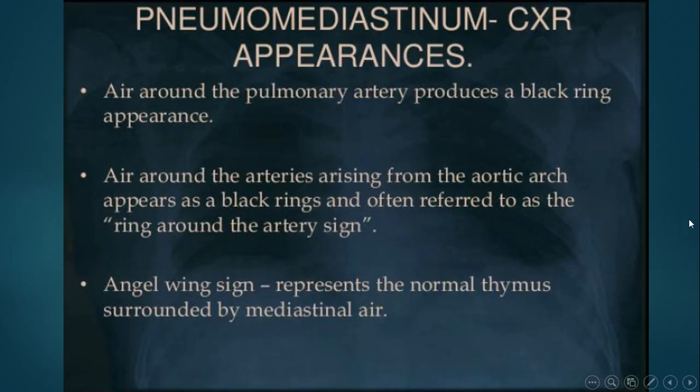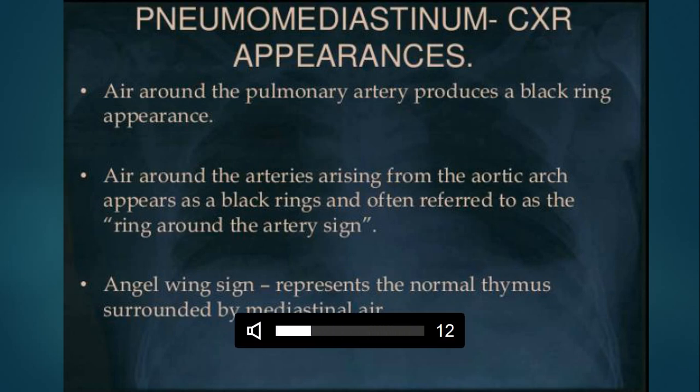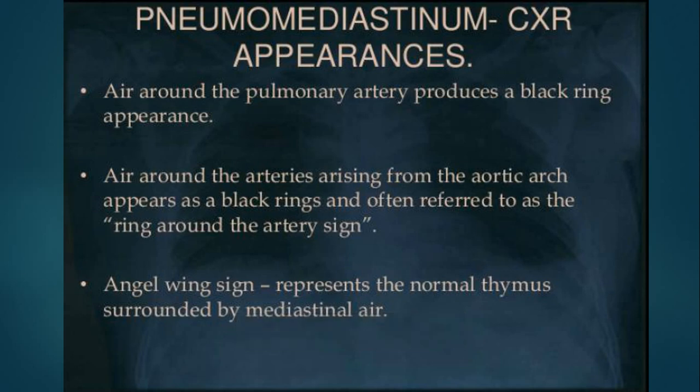Now, regarding pneumomediastinum on chest x-ray, what are its appearances? First of all, we will see air around the pulmonary artery, which will produce a black ring appearance. There will be a black circle around the pulmonary artery, and at the same time air around the arteries arising from the aortic arch will appear as black rings, often referred to as the ring around the artery sign.